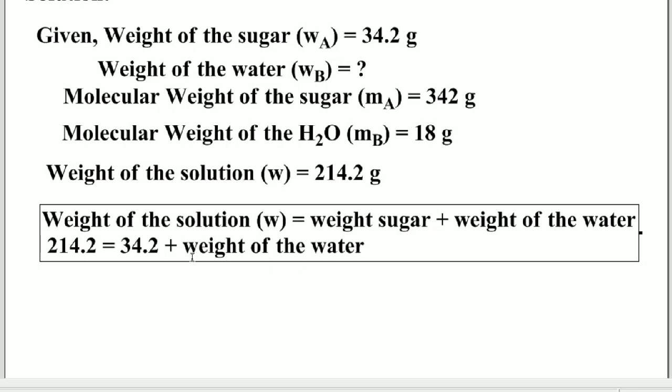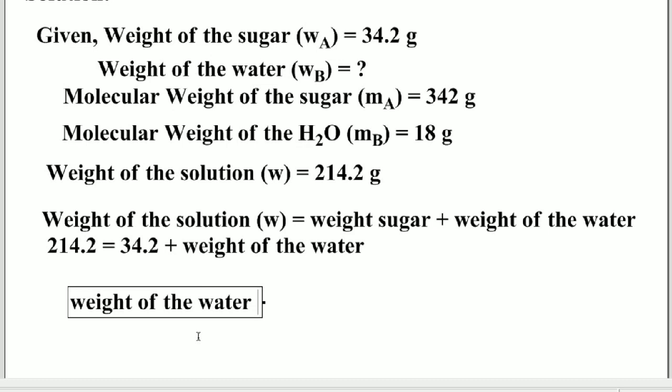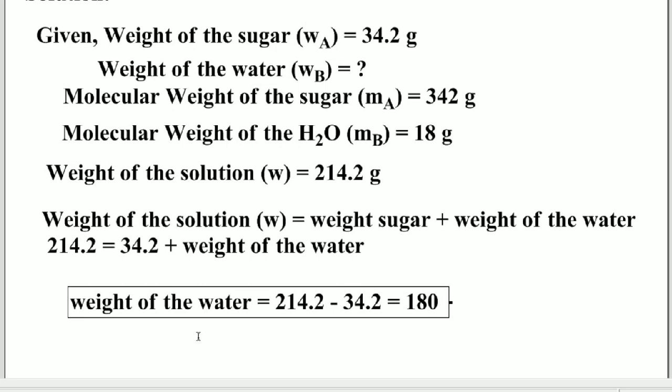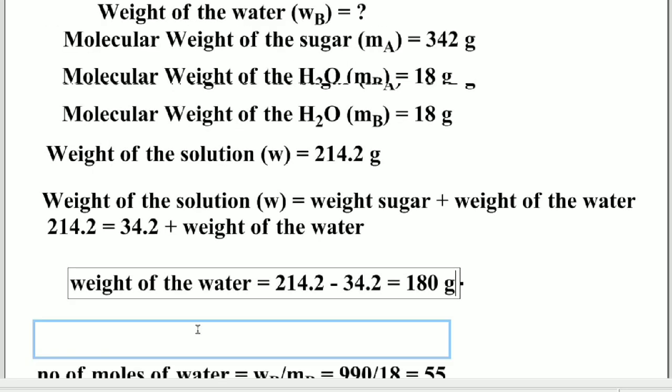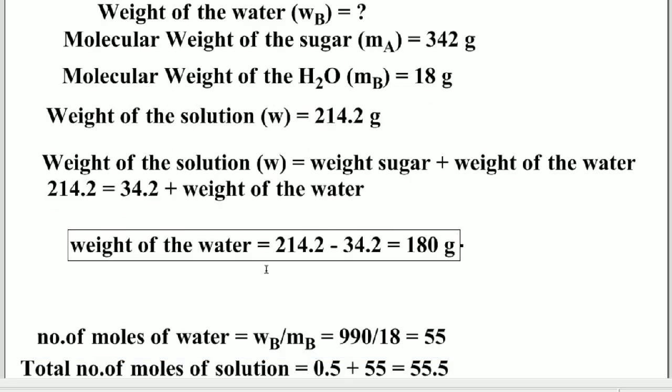Therefore weight of the water is equal to 214.2 minus 34.2, that equals 180 grams. 180 grams is the weight of the water, that is nothing but WB.